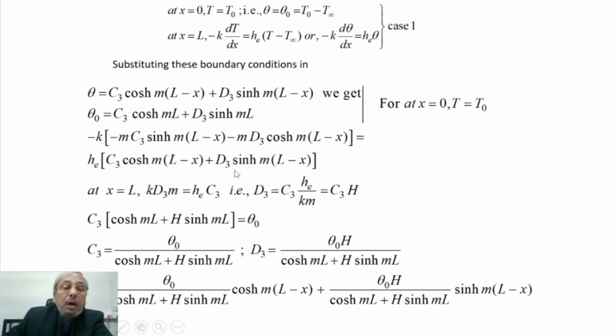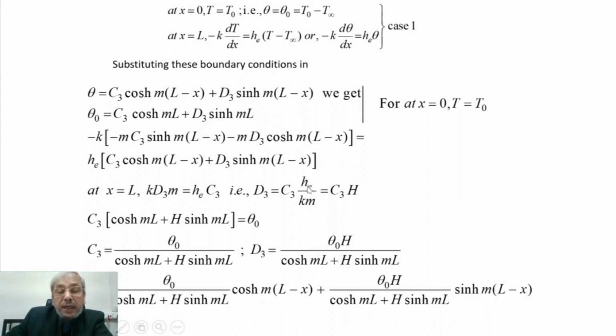So from here we get d3 equal to C3 He divided by km, and now we define He by km as uppercase H. This is again a definition.